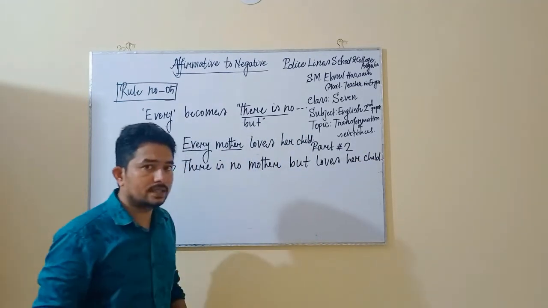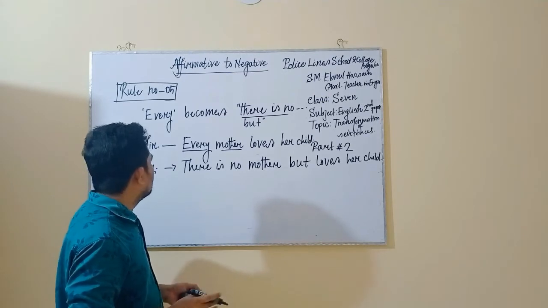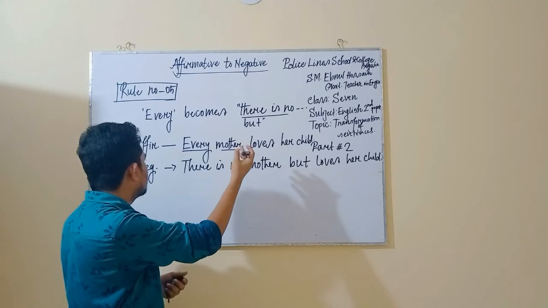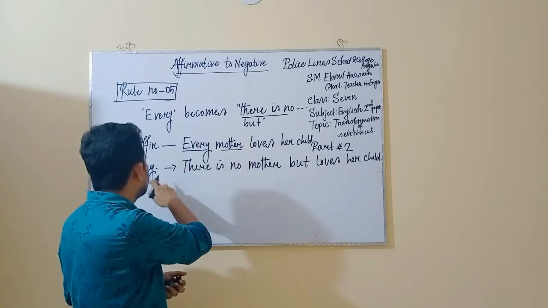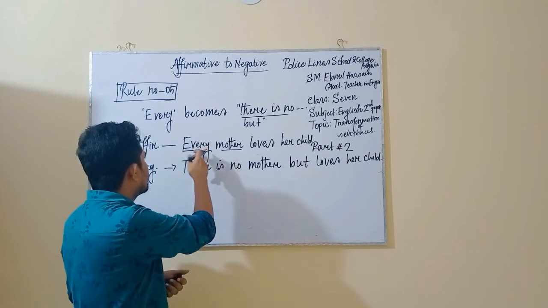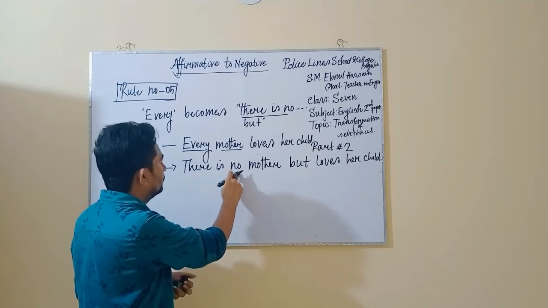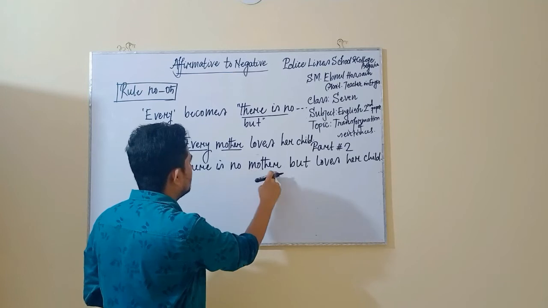So notice the rule and the example: every mother loves her child. This is the affirmative sentence, and we change it into a negative sentence this way. In the place of the word every, we can use there is no. Then the next word mother will remain unchanged.